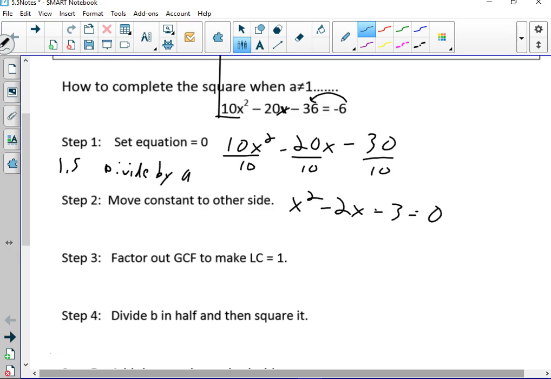Now we're right back to what we just did in the previous section. Okay? We're going to move the constant to the other side and repeat everything we just did. The only new step is getting rid of that number in front. So what's our first step? Move that over. So x squared minus 2x, there's our space, equals 3.